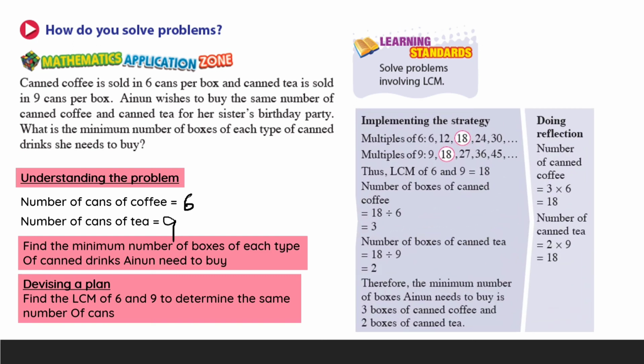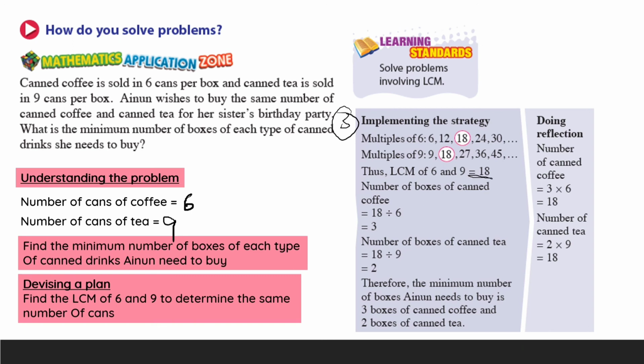In this third step, we are going to implement the strategy. First, we list the multiples of 6. After that, we list multiples of 9. And we find out the LCM of 6 and 9 here, which is 18. Number of boxes of canned coffee equals 18 divided by 6 equals 3.